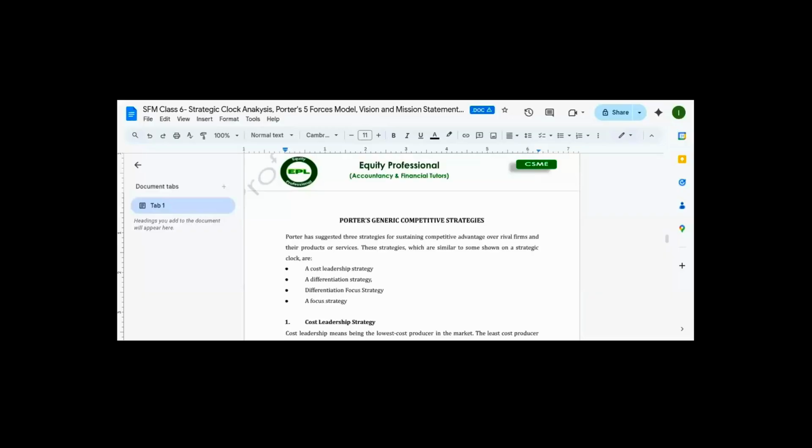When you look at what we have in our slide now, you will discover that the Bowman strategic clock analysis is an application of Porter's generic competitive strategy, because it is from this generic strategy that Bowman borrowed the cost differentiation strategy and differentiation focus strategy.